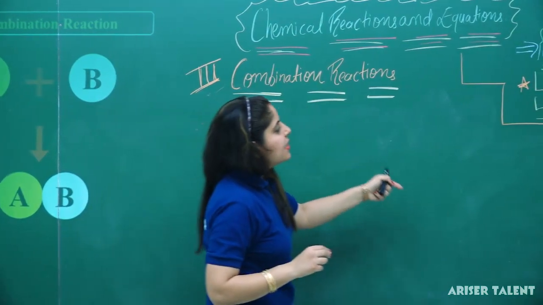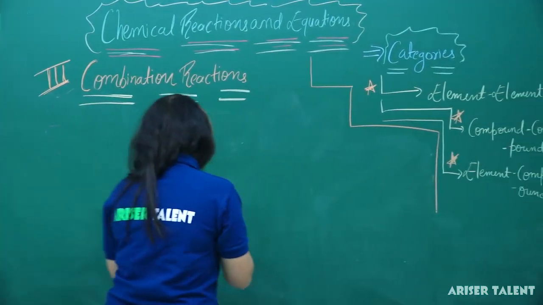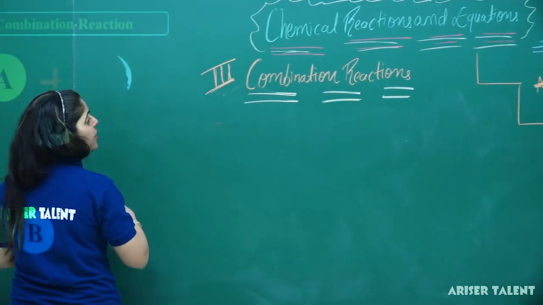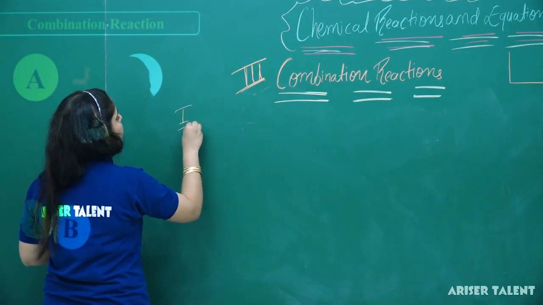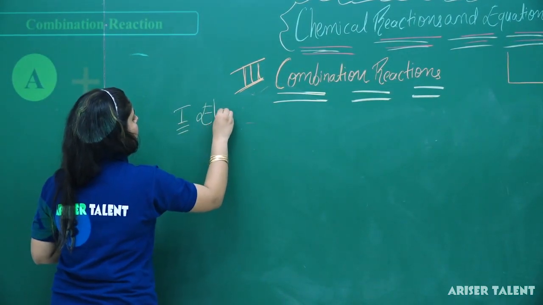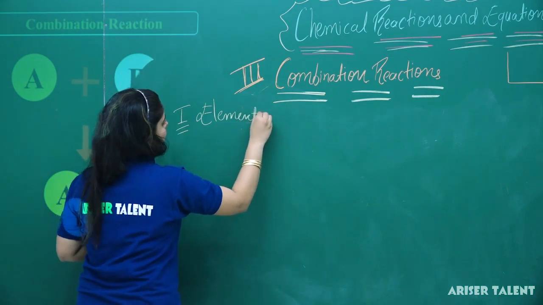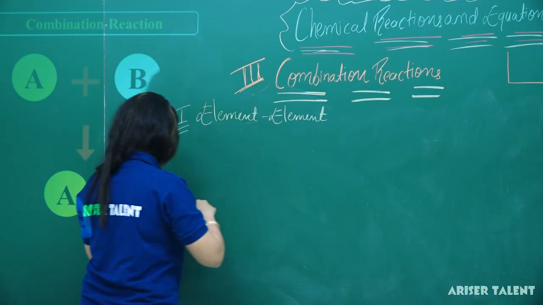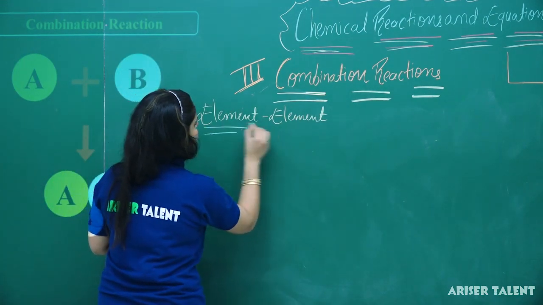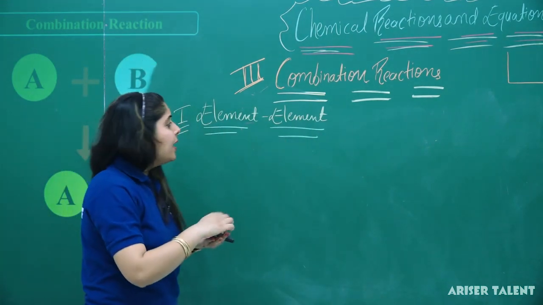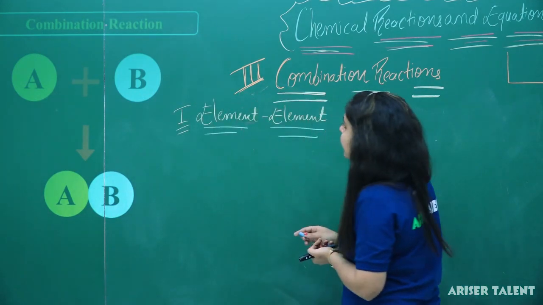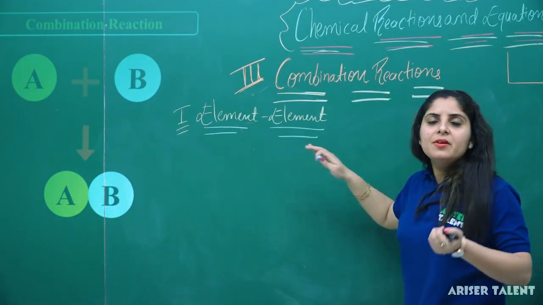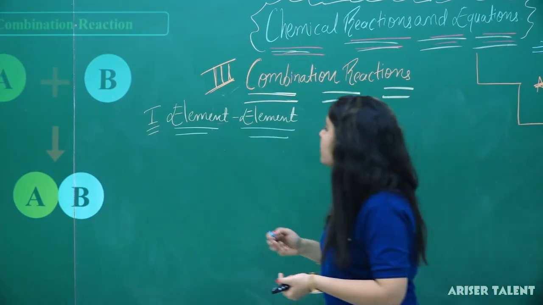Firstly, we will discuss the case of the element-element combination. So our first set of reaction is element-element combination. In element-element combination, one element combines with another element to give a particular type of product.